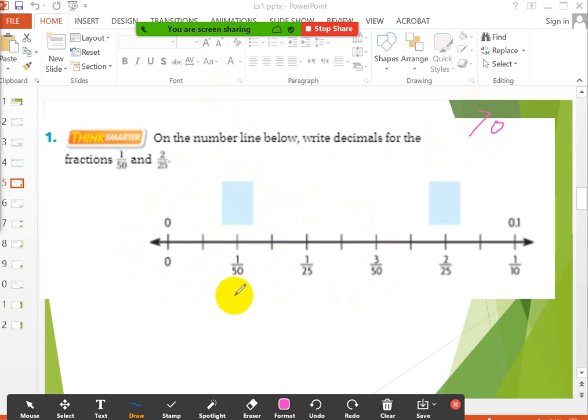In this number line, I have the numbers between 0 and 0.1, and between 0 and 1/10. Up I have the decimal numbers, and down I have the fractions.